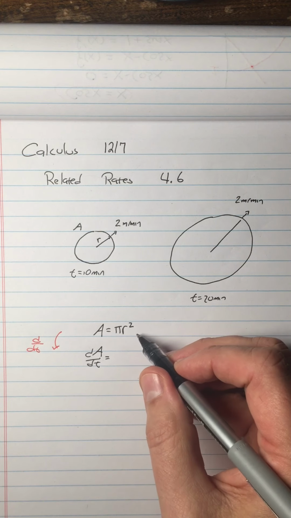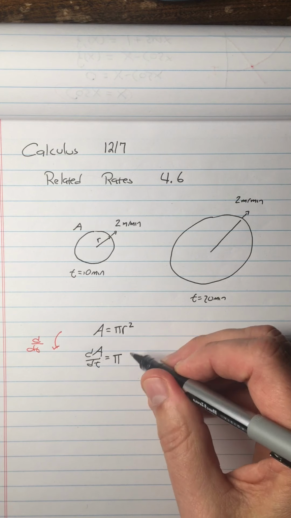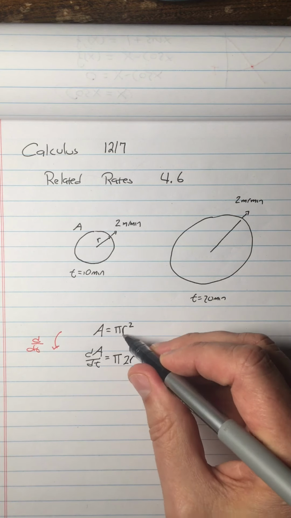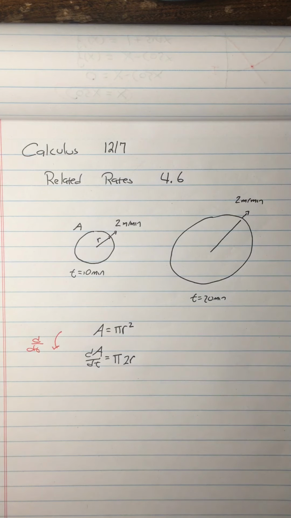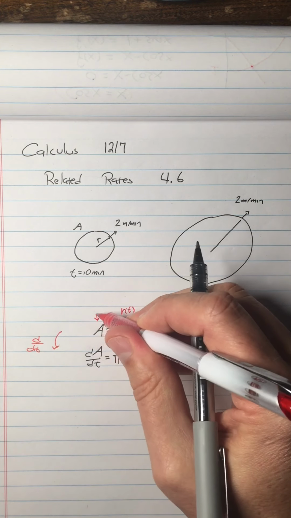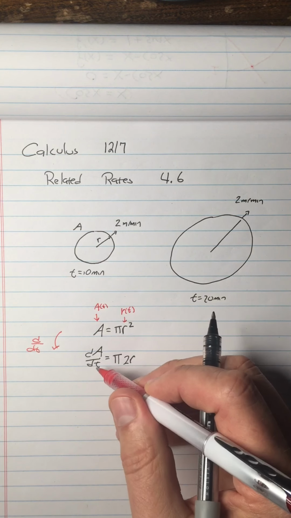Now, when I go to do the derivative of r with respect to t, r is part of a function, so what's really going on here is a chain rule. The pi is a constant, I can just bring it down. The derivative of r squared is 2r, but r is a function of t. So what's implied in here is this is really r of t, and this is really A of t. When I take the derivative of A of t, I get dA/dt.